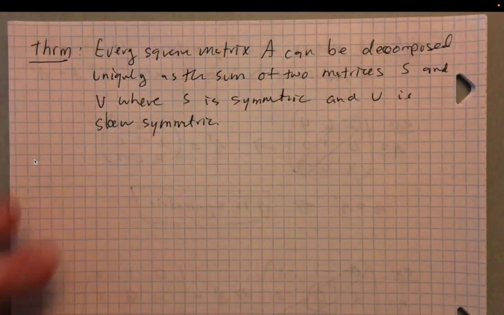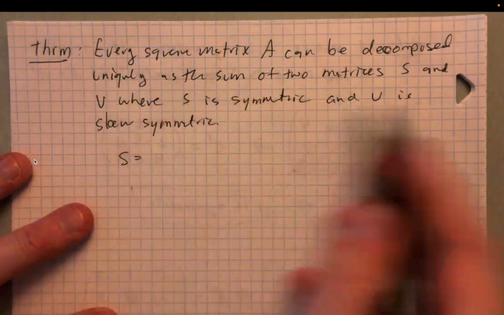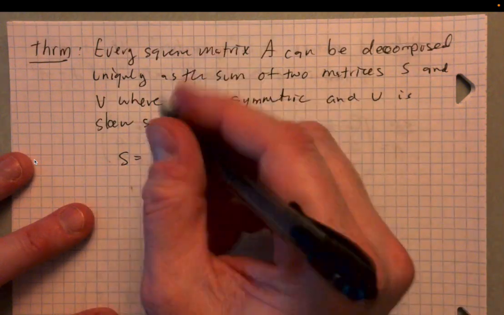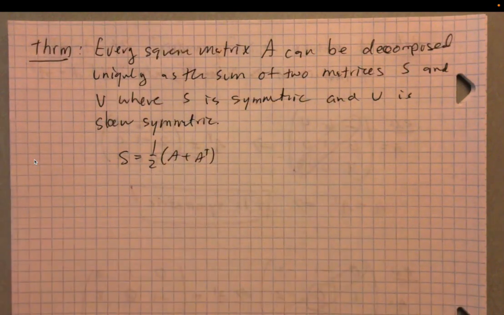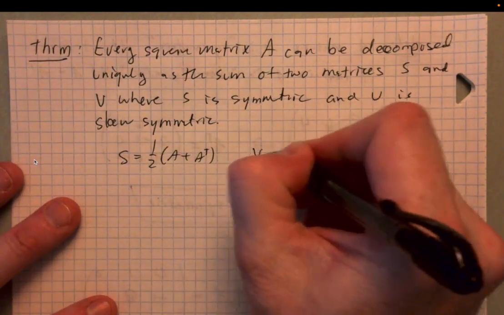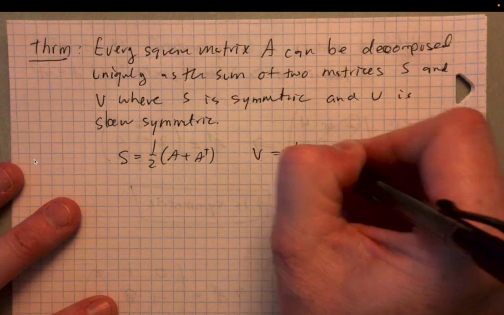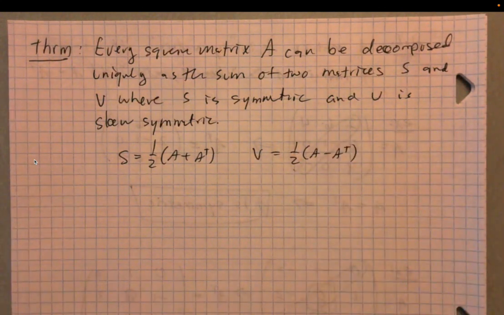And in the case of this theorem, S is going to be equal to 1/2 (A plus A transpose), and V is equal to 1/2 (A minus A transpose).